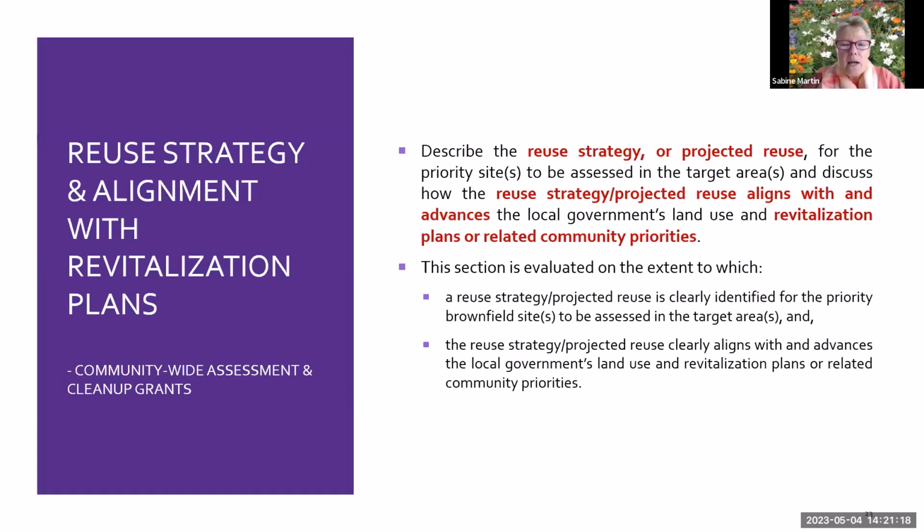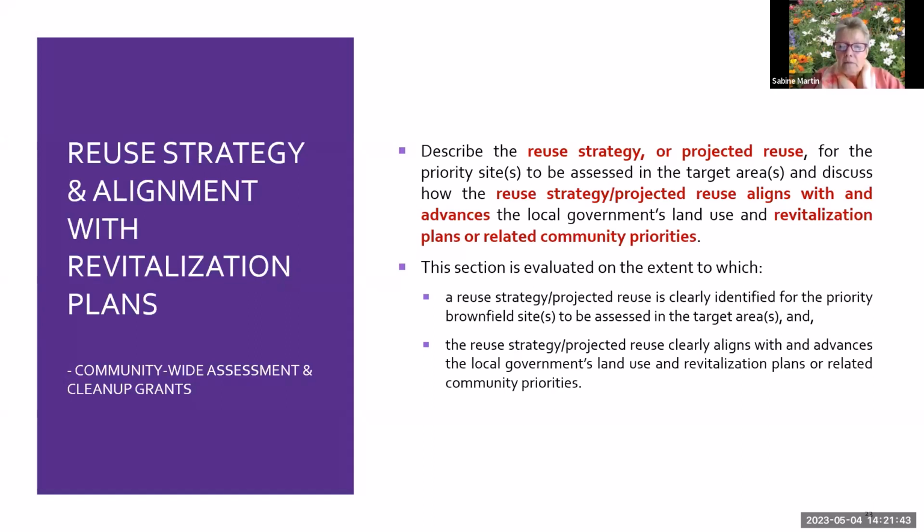Usually once you have your site selected, and by this time you know your project and where you want to go, you just need to be clear and concise and convey this to your audience. Your evaluation criteria here is that you clearly identify, for the priority brownfield site or sites, the reuse strategy or the projected reuse.